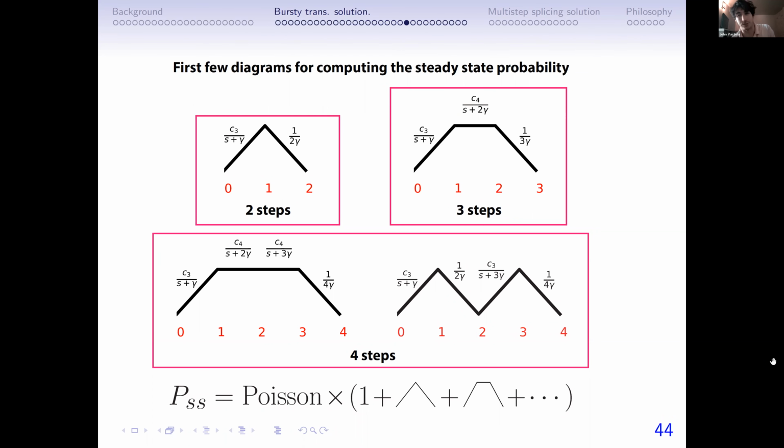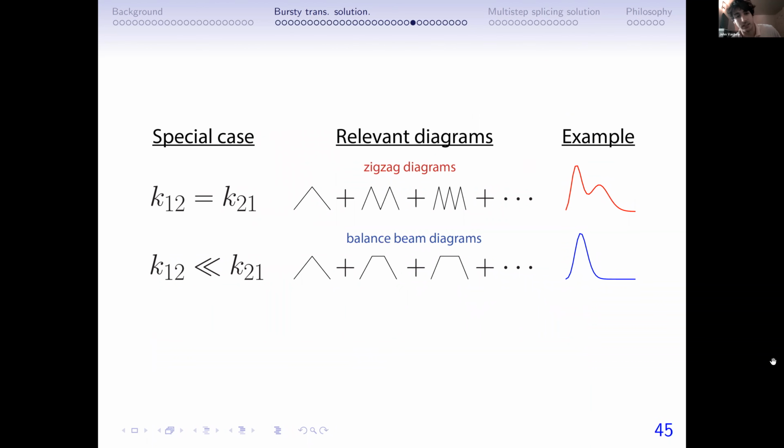The only rule as far as drawing these pictures goes is that you're not allowed to have a horizontal line on the bottom part. You're not allowed to go from 0 to 0. Anyways, it's kind of nice. And what's even more nice is that different special cases, there's this idea in physics when you deal with Feynman-like diagrams that depending on what's happening, some diagrams may be more relevant than others.